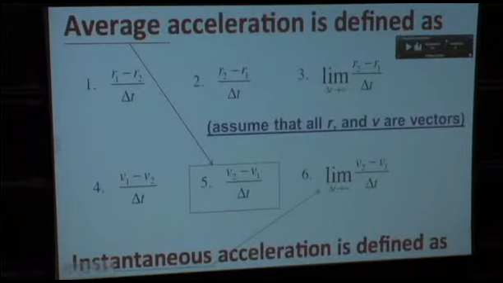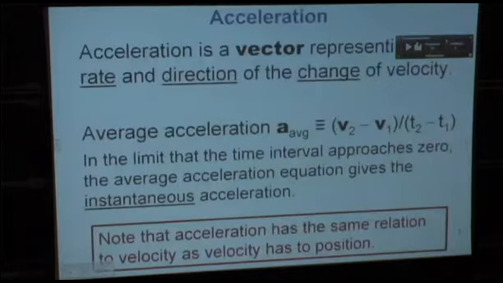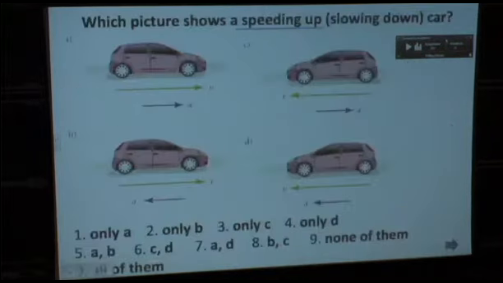So we need to know how to deal with three important variables: position, velocity, acceleration. This is the official definition of average acceleration: final velocity minus initial velocity. But we must remember, we use vectors. Initial velocity is a vector. Final velocity is a vector. We subtract two vectors, we divide by time, and that gives acceleration.